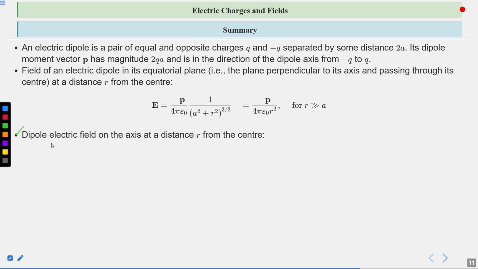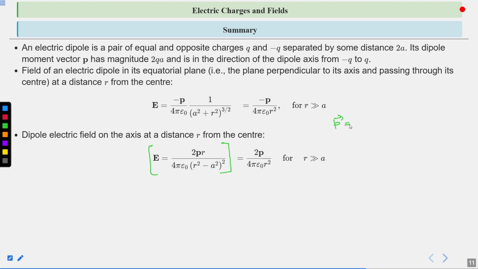The dipole electric field on the axis at a distance r from the center is this one. E is equal to 2pr divided by 4 pi epsilon naught (r square minus a square) whole square. What is P?